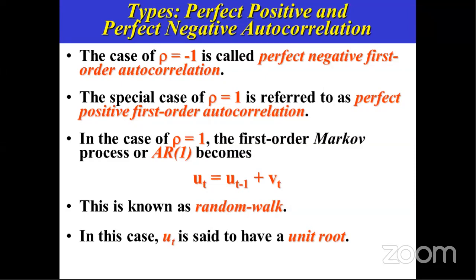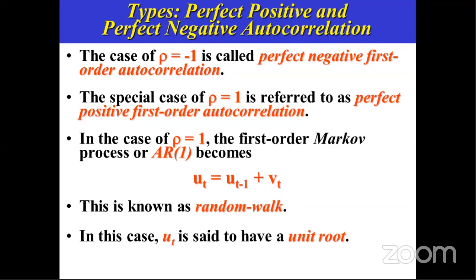If rho is equal to 1, we refer to it as a perfect positive autocorrelation, like perfect positive correlation and perfect negative correlation. So the same kind of interpretation applies here: -1 refers to perfect negative first order autocorrelation, and the plus one value for rho indicates perfect positive first order autocorrelation.